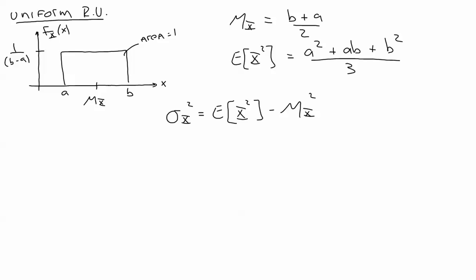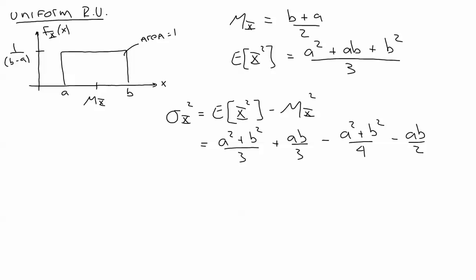The variance of x equals the second moment minus the square of the first moment. This is going to be a squared plus b squared over 3 plus ab over 3 minus a squared plus b squared over 4 minus ab over 2.